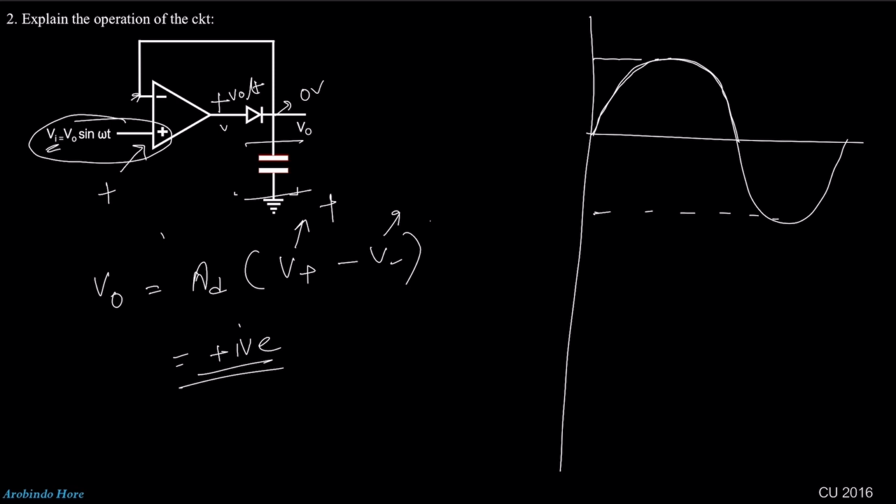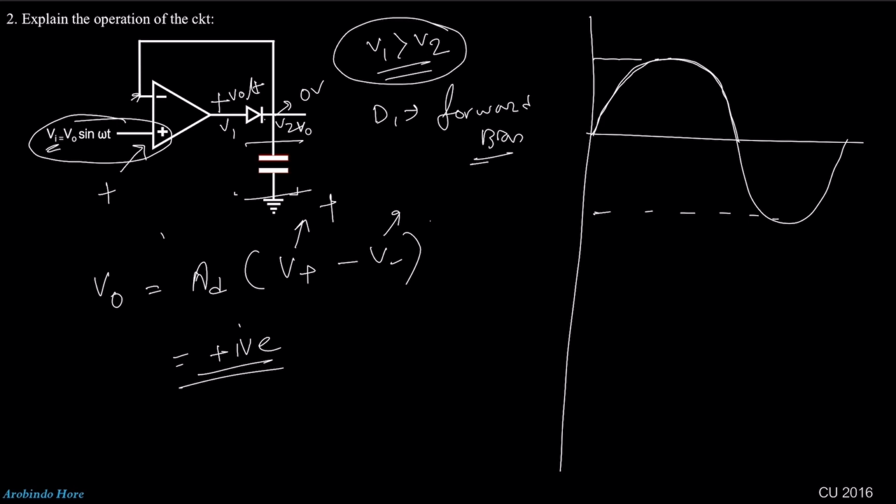So if this is V1 and this is V2, then V1 is greater than V2. If V1 is greater than V2, then this diode D1 will be in forward bias. As this is the ideal diode, with only this condition the diode is in forward bias. But if this is a practical diode, then V1 minus V2 should be greater than 0.7 volt. That means when the input voltage is greater than 0.7 volt, the diode will be turned on.